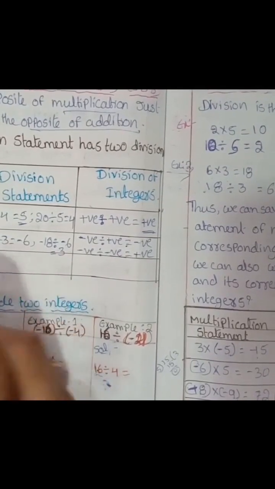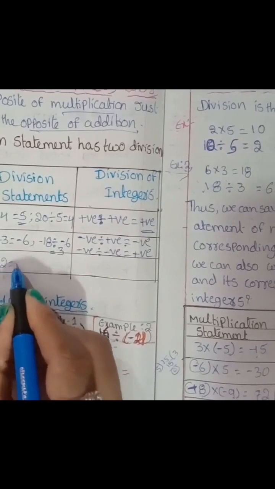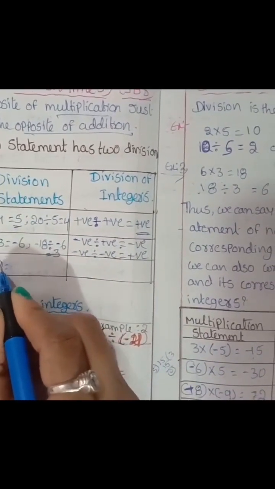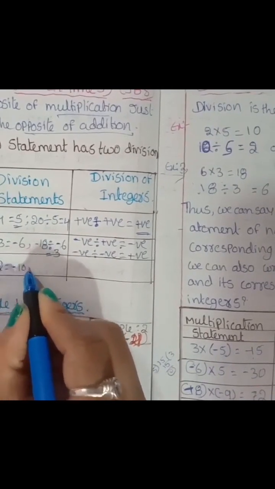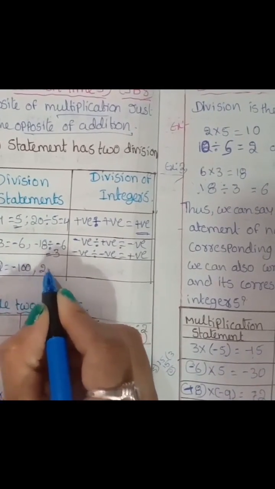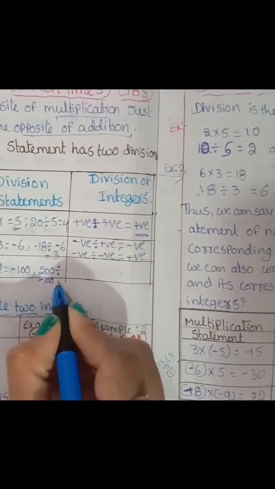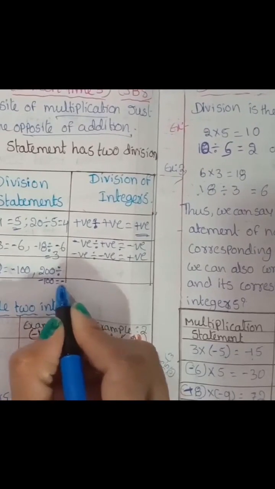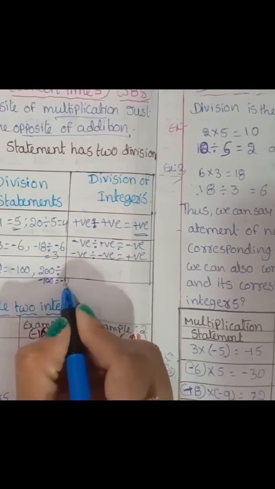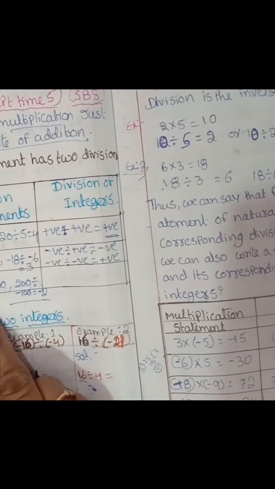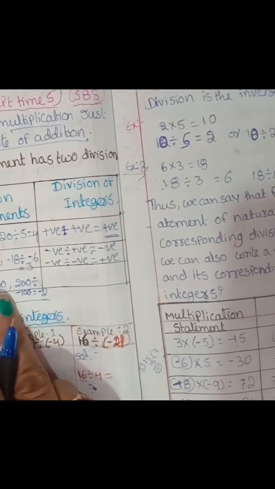So one is a positive integer divided by a negative integer, and we will get a negative integer.